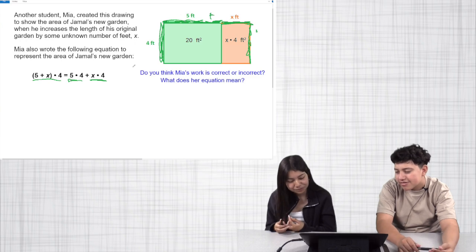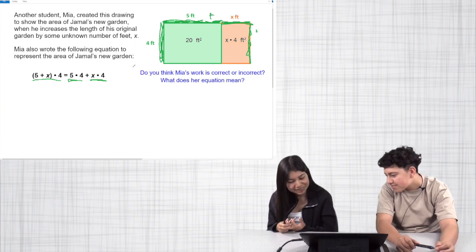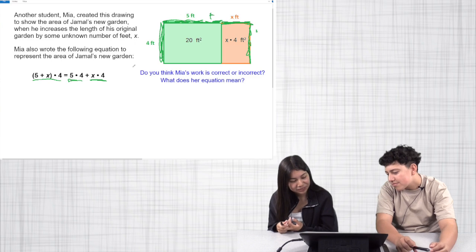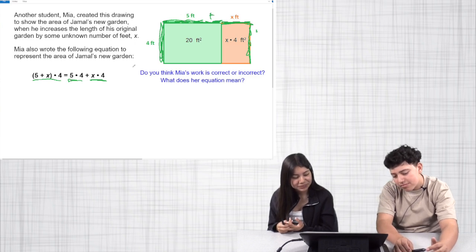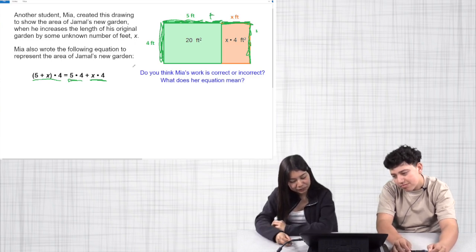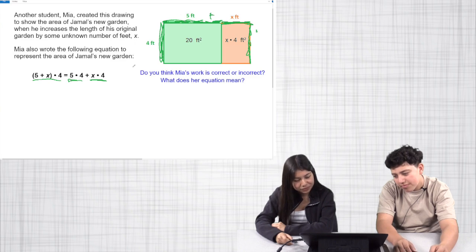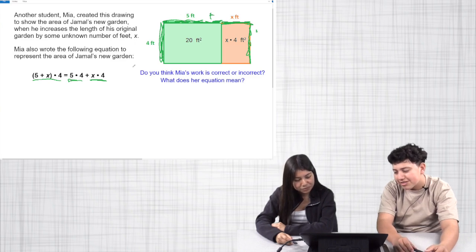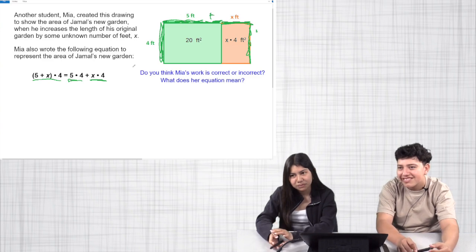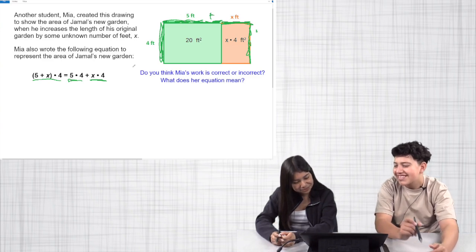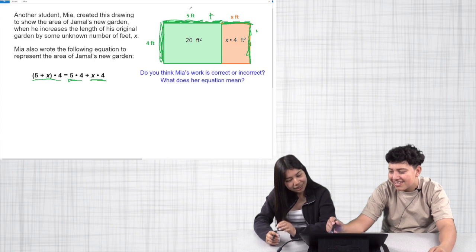That equation says that I can find the area of the new garden by getting the length of the new garden, that's the 5 plus x, and multiplying by the width, the 4. Or, what's the other way you can find the area of the garden? The 5 times 4 plus x times 4. What does that mean in the drawing?